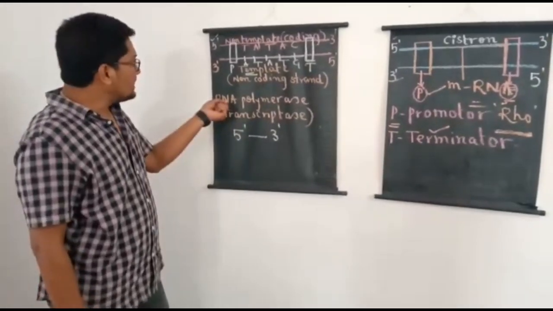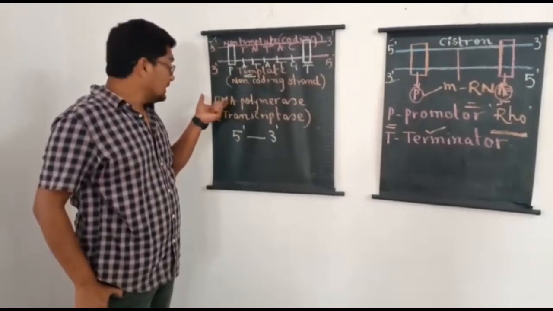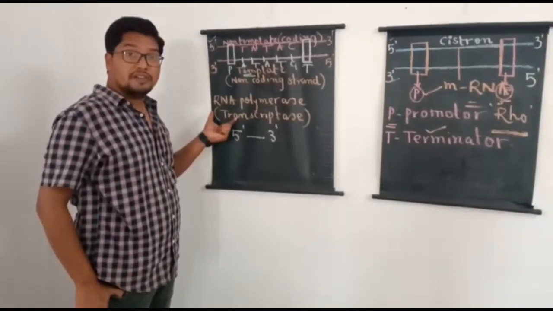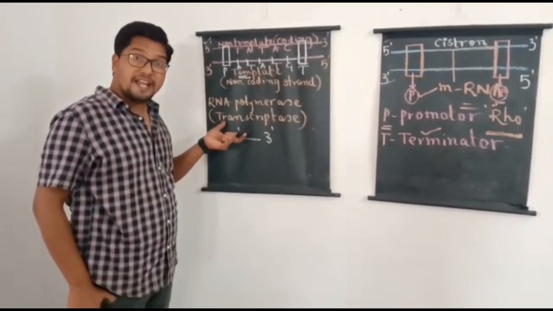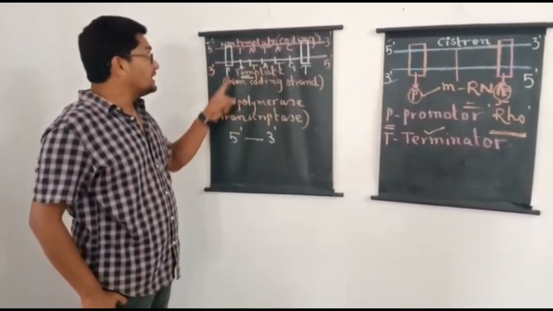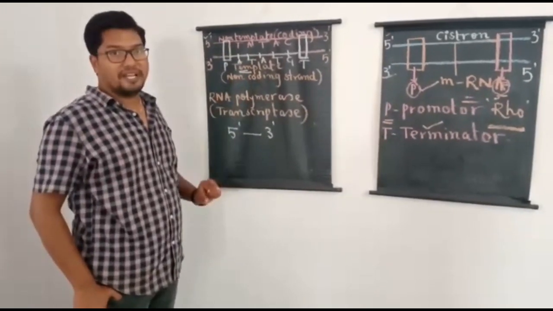So it is all possible due to the presence of an enzyme called RNA polymerase, which is otherwise called transcriptase, because it is the enzyme which makes the process of transcription possible, and it is also called, as I said, DNA dependent RNA polymerase.